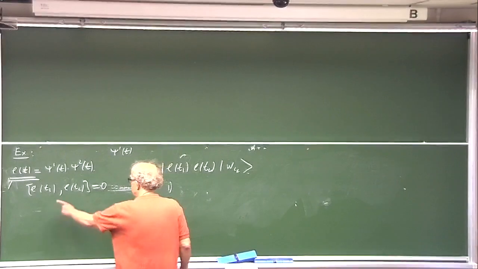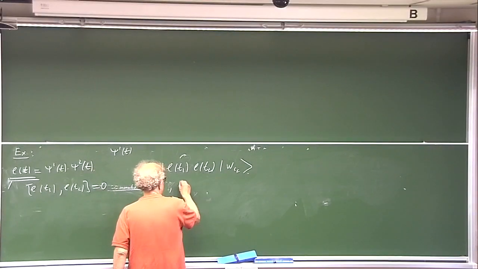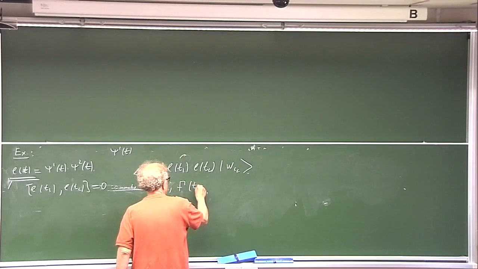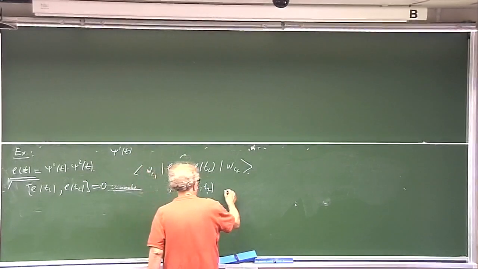First of all, they commute. Therefore, it will be a function in two variables, T1 and T2, which is symmetric.